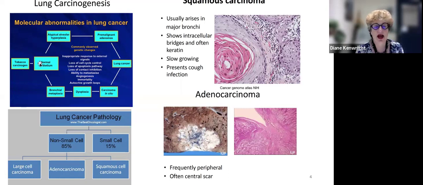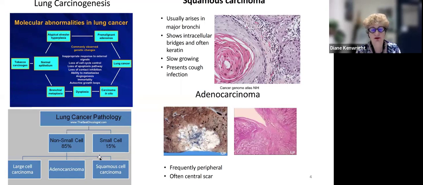There is another pathway which doesn't involve metaplasia and leads to adenocarcinoma. Here we have atypical alveolar hyperplasia, then some pre-malignant in situ change, leading to adenocarcinoma.